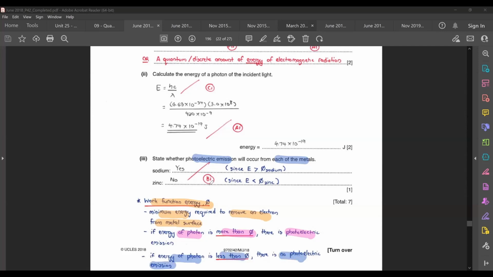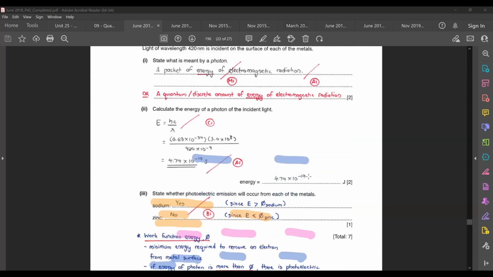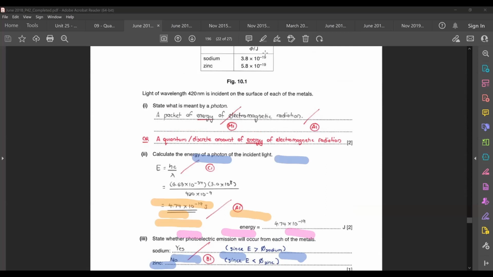So right now, if you look at the work function energies given in your question, phi for sodium is 3.8 times 10 power minus 19 joules, whereas the energy of your photon incident on the sodium is 4.74 times 10 power minus 19.